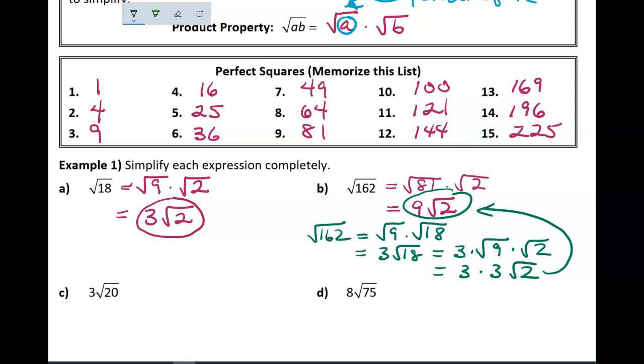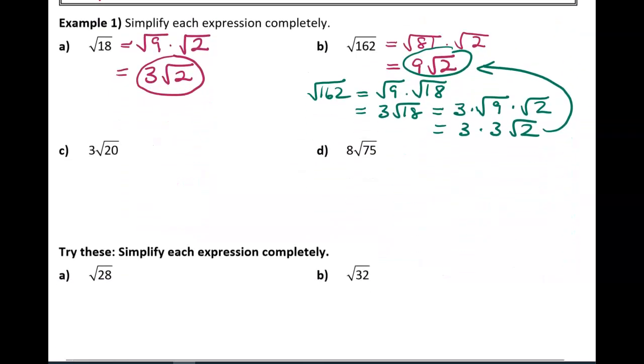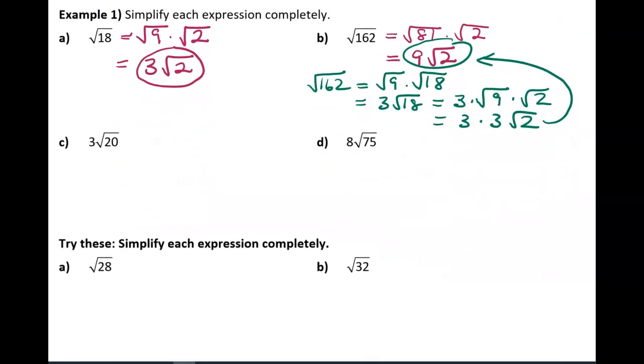number under the radical. All right, let's take a look at one that has a coefficient. Remember that when you squish two expressions together in algebra, 3 sitting right next to the square root of 20, that means multiplication. So I'm just going to bring over that 3, and then when I look at 20, I'm going to factor, and 4 is a perfect square that divides evenly into 20.